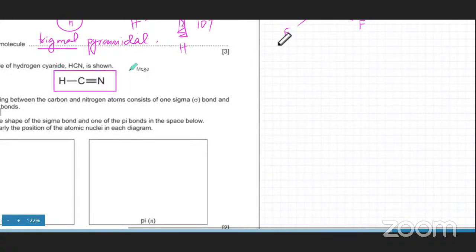Remember, when carbon is bonded to just two atoms, it is sp hybridized. So there's a carbon atom and there's going to be a sigma bond over here with nitrogen, and one of the orbitals of carbon is going to be stretched to the left side by a hydrogen atom. So electron density somewhere in the middle over here, but one over here.